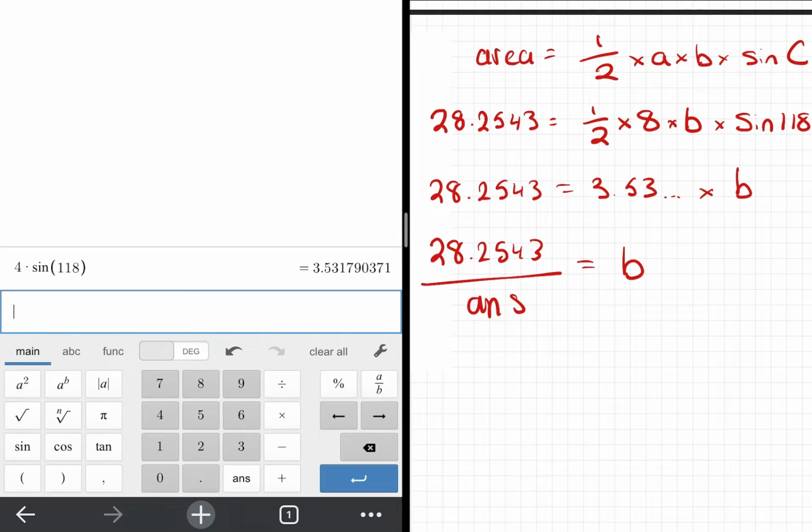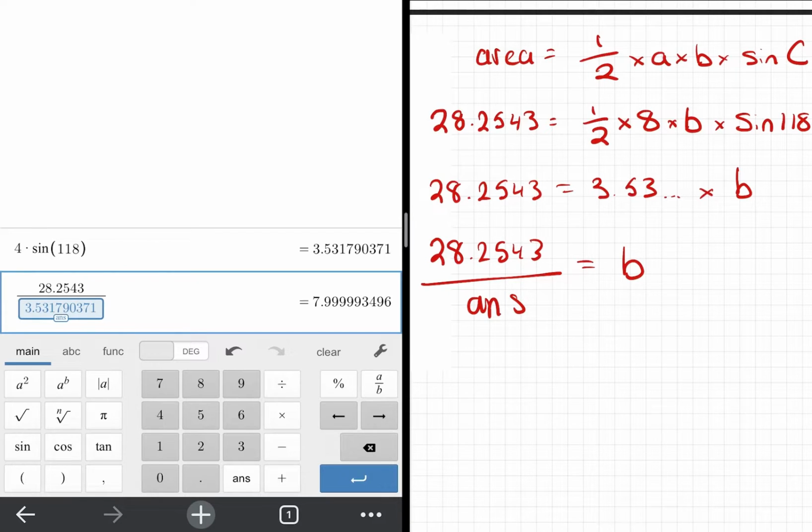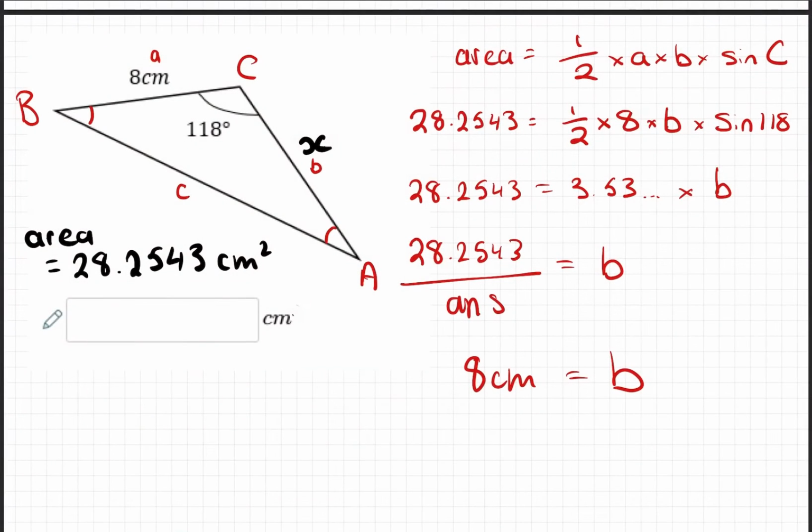Well, let's do it. 28.2543 divided by our answer. There we are. Let's round this up to one decimal place. 8 centimeters equals b. And there we are. Our missing value here is 8 centimeters.